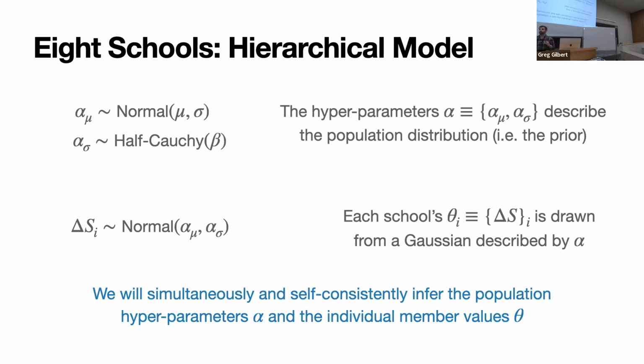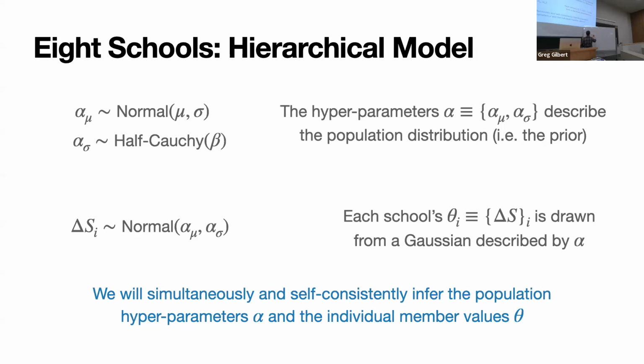And we are going to also assume that the population distribution is a Gaussian. So for our population, everything's drawn from some Gaussian distribution with a certain mean, alpha sub mu, and a certain width, alpha sub sigma.